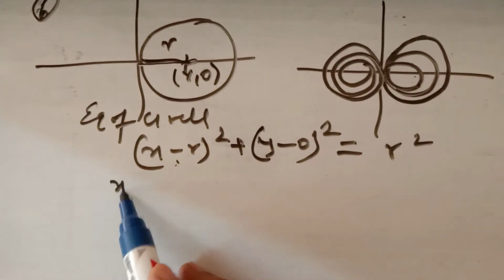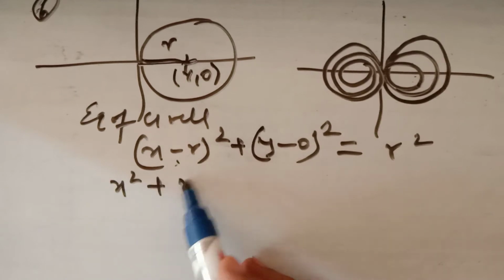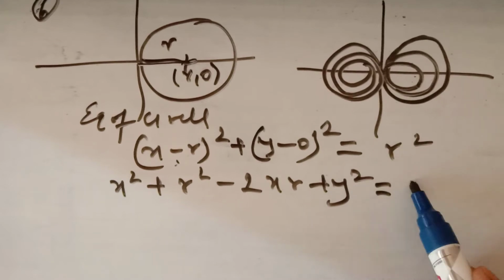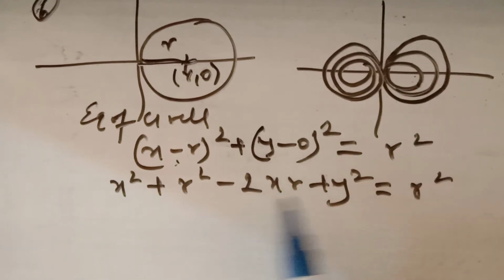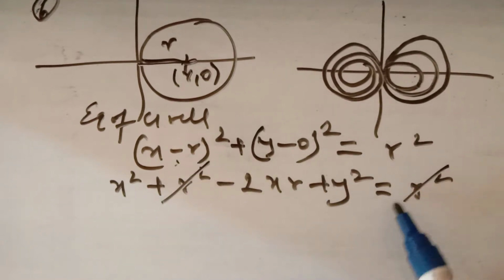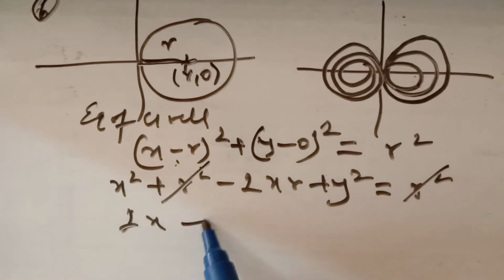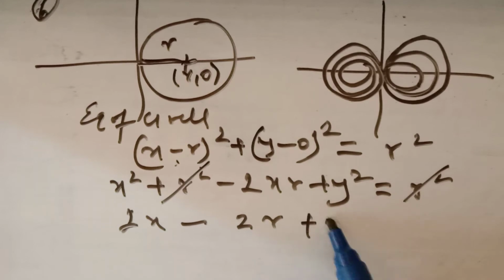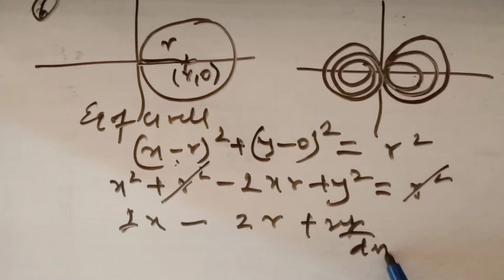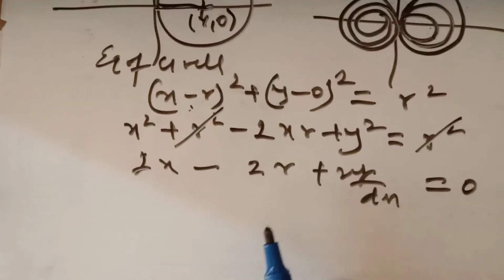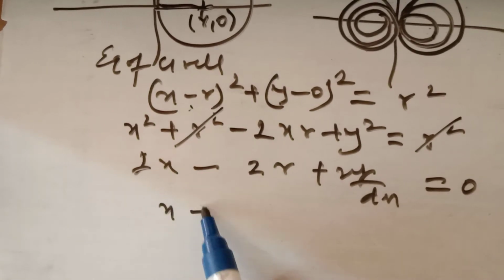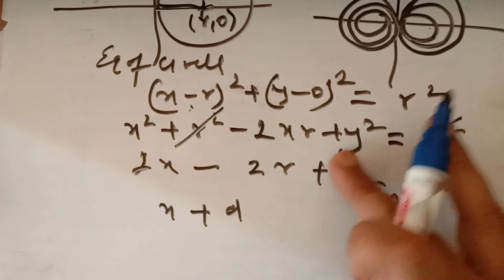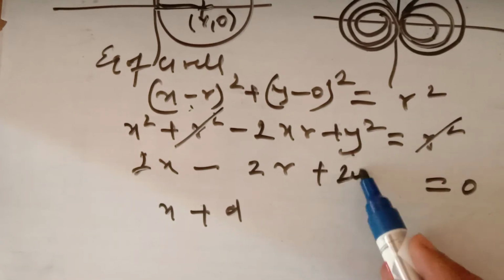If you simplify it, the r squares cancel out, so we have only one arbitrary constant r. Differentiate it: minus 2r plus 2y dy/dx equal to 0, and find the value of r.